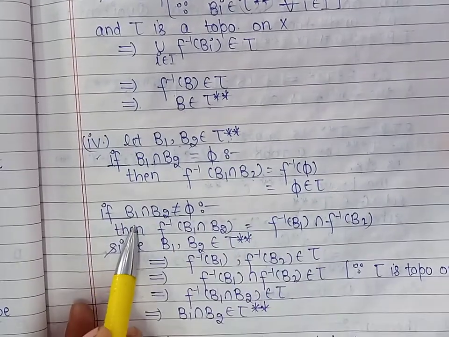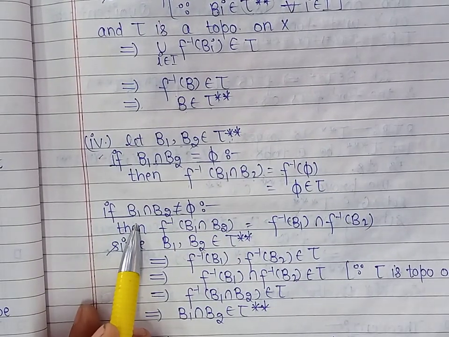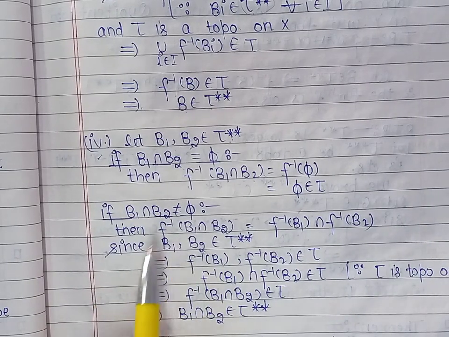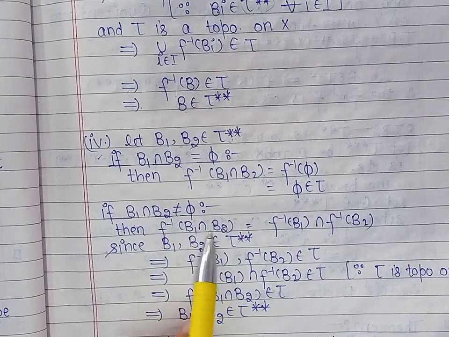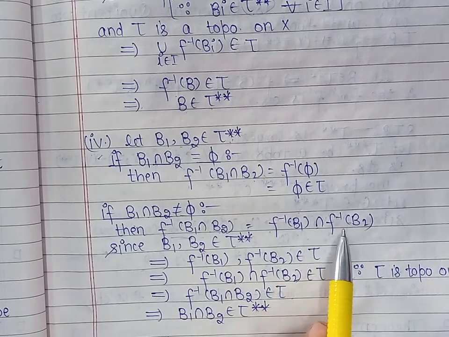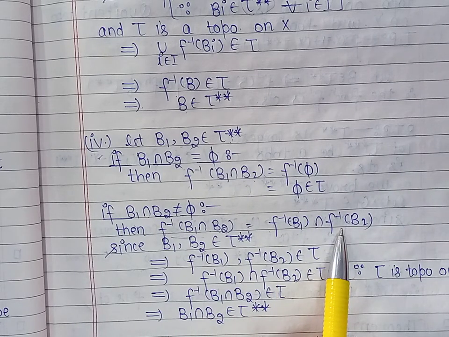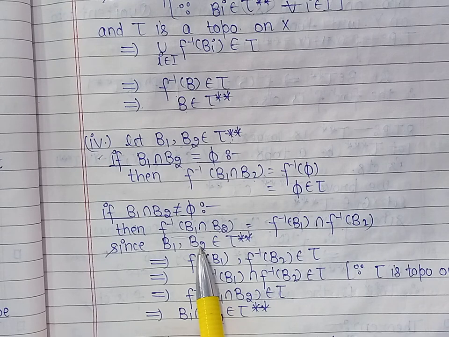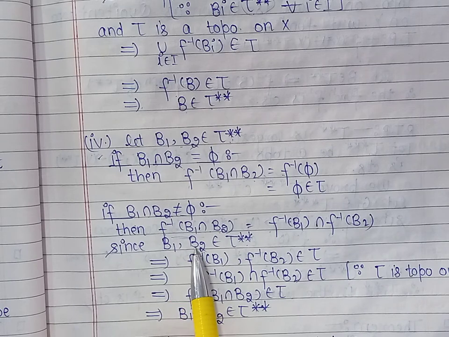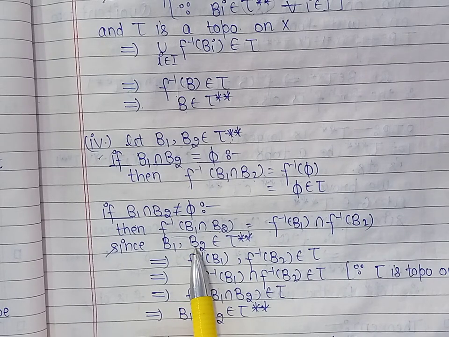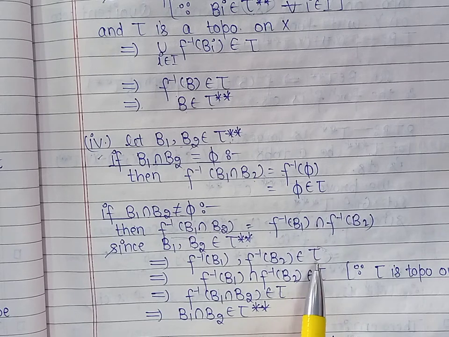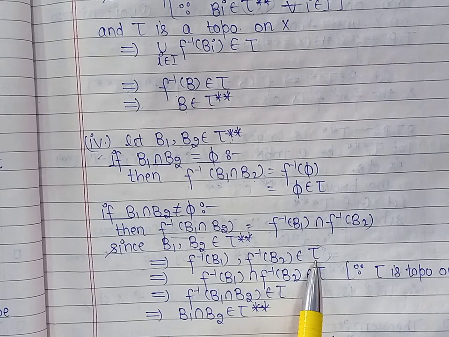Now, if their intersection is non-empty, it means B1 intersection B2 is not equal to phi, then the inverse image of B1 intersection B2 is given by f inverse B1 intersection f inverse B2. Now because B1 and B2 belong to the collection tau double star, by definition their inverse images under function f will be in the topology of X. And because tau is a topology, it is closed under finite intersections.